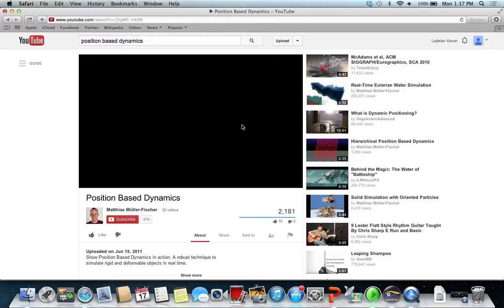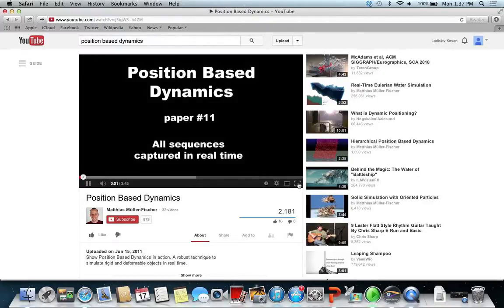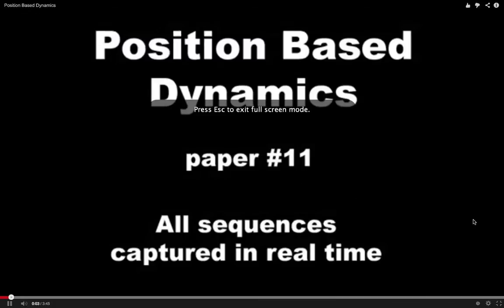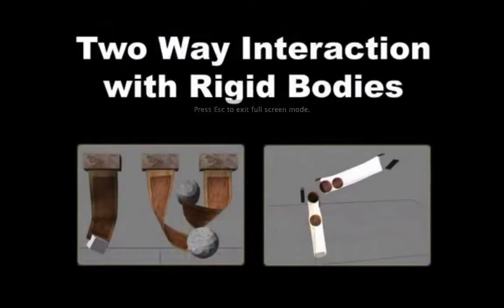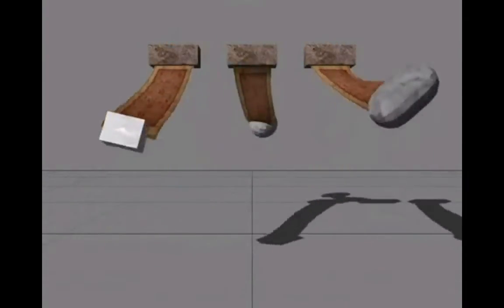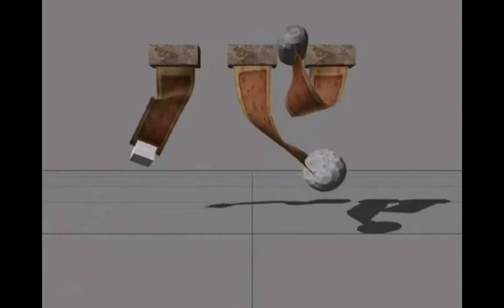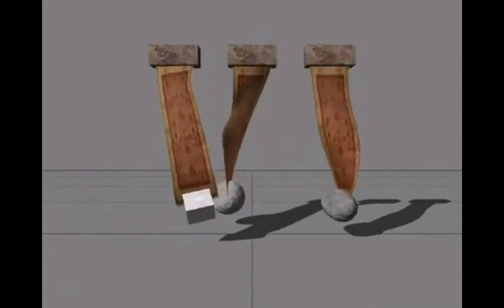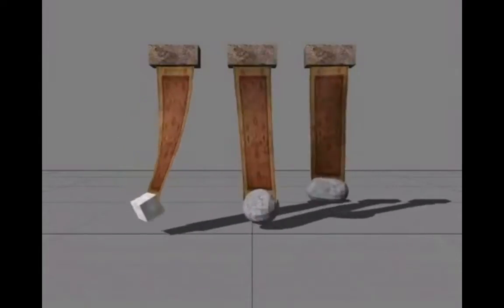Mind you, this was a 2006 paper, so it's now slightly old. And you will be amazed how simple it is to produce results like this when we discuss the technique. They look pretty good. So this is some coupling of elastic, cloth-type things, like a rag or something, with rigid bodies.